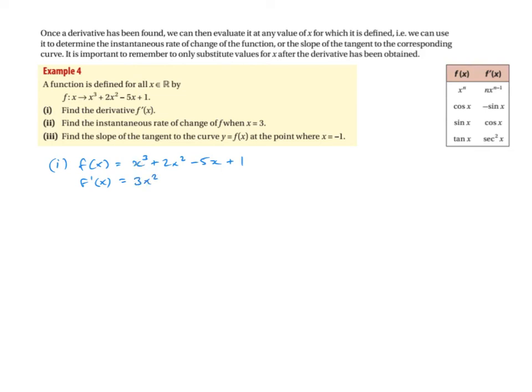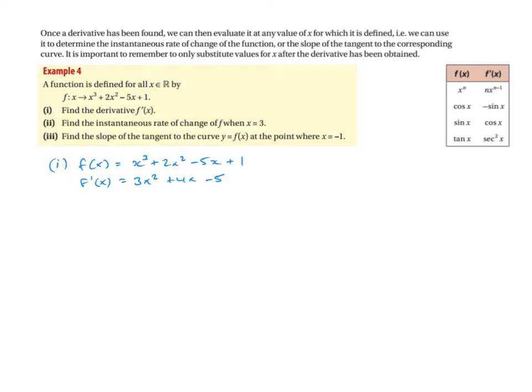We did the 2x squared in the last slide, so bring down the power. 2 times 2 is 4x to the 1, so that's just 4x. Remember, we stated that if there's any number in front of an x, then we just keep the number, so that's minus 5. And the last one, the plus 1, is a constant, so it disappears. So the derivative, or f dash x of f of x here, is 3x squared plus 4x minus 5.